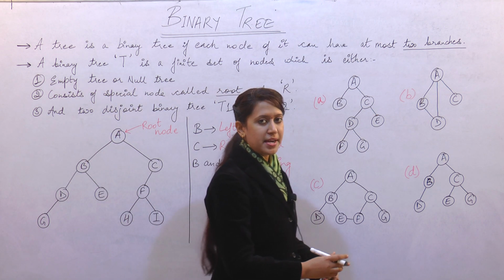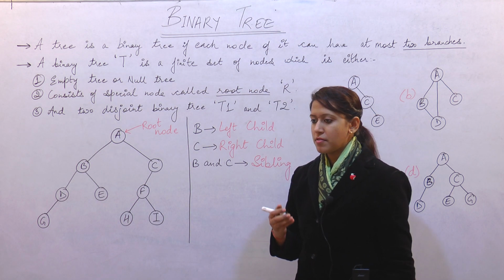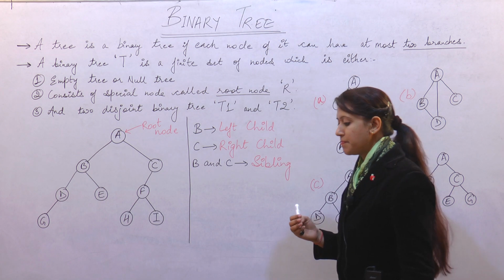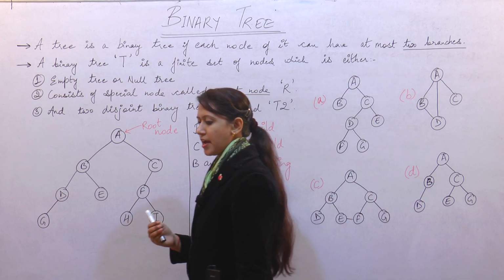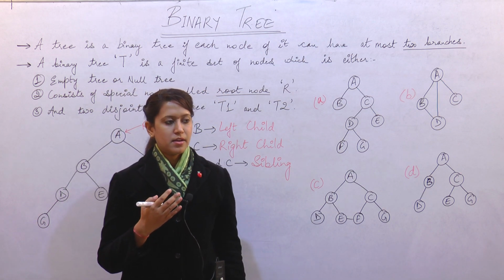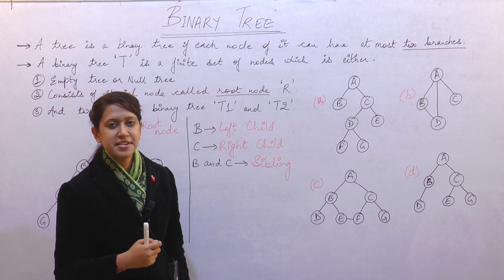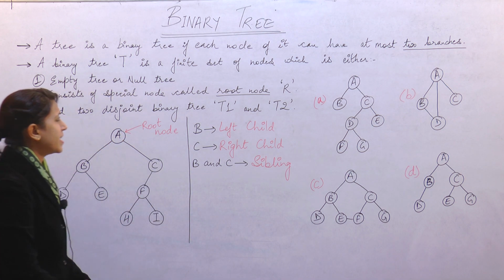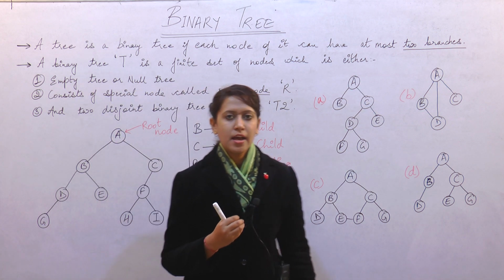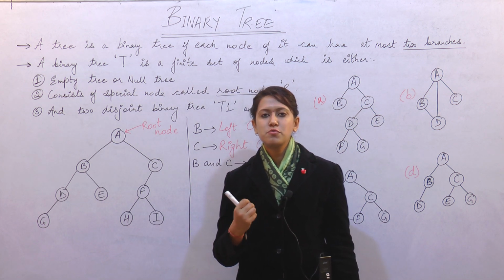First, let us understand the meaning of binary tree. Any tree is known as a binary tree if each node has at most two branches.